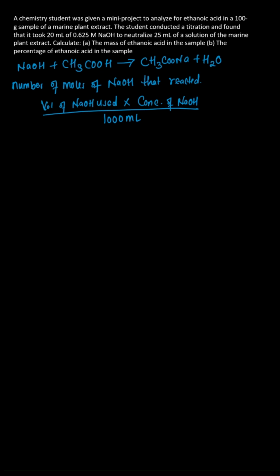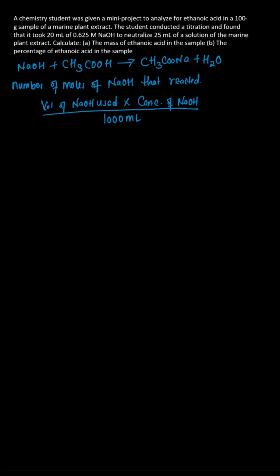Remember here that molarity means that we have moles in a liter, where a liter can also be written as 1000 ml or 1000 cubic centimeters or 1 decimeter cubed.